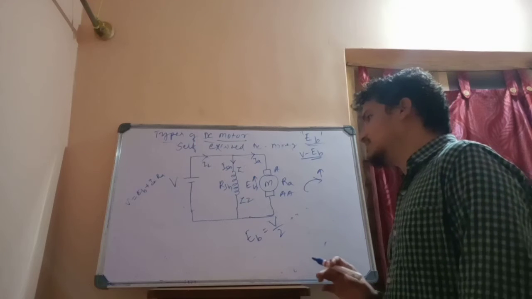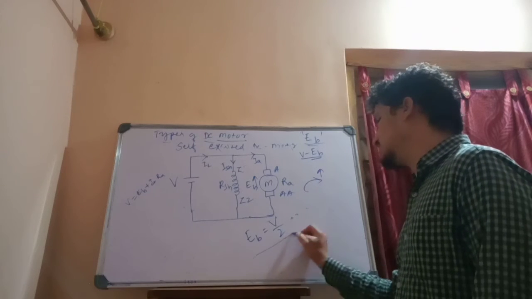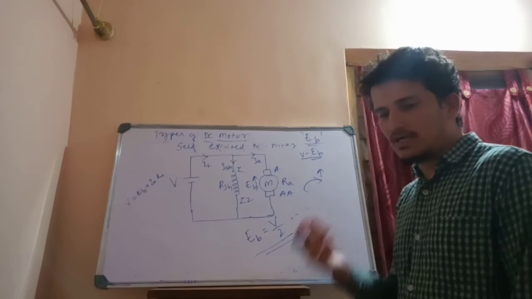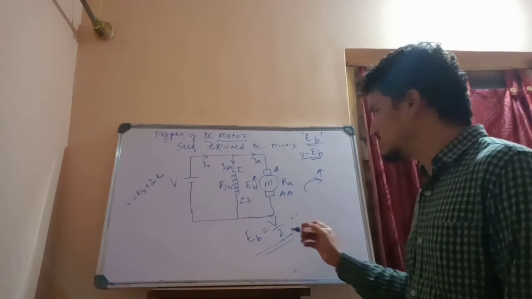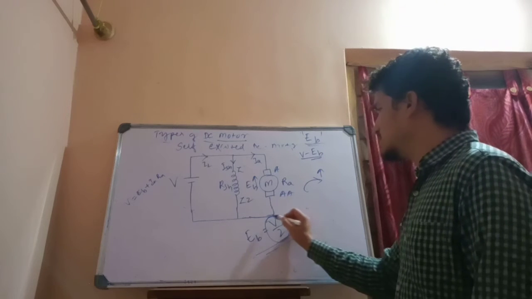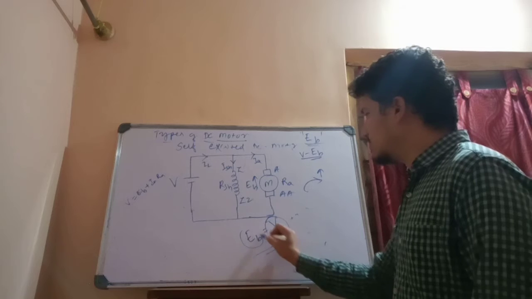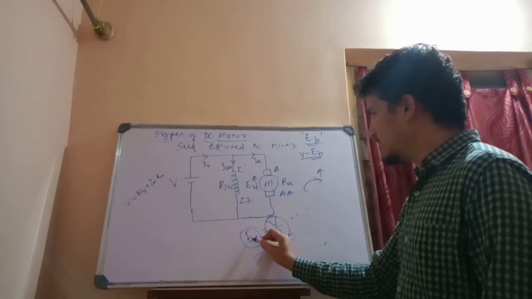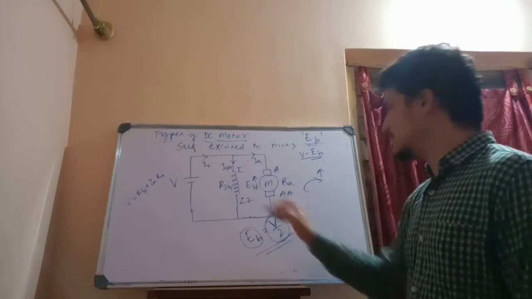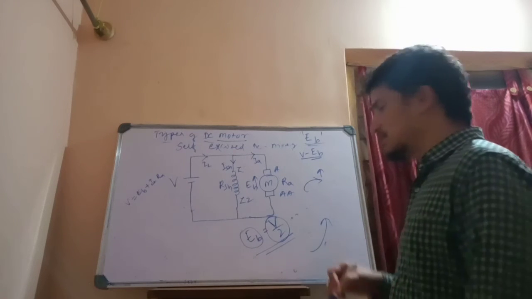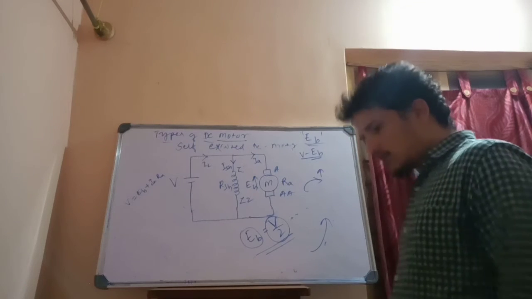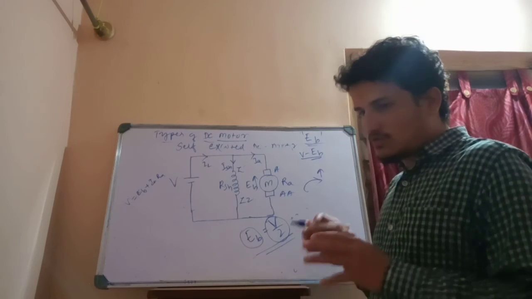But in the actual design of the motor, this condition cannot be satisfied from the design consideration, because if I want to develop back EMF half of the voltage, then the current will drastically increase and it is beyond the design.